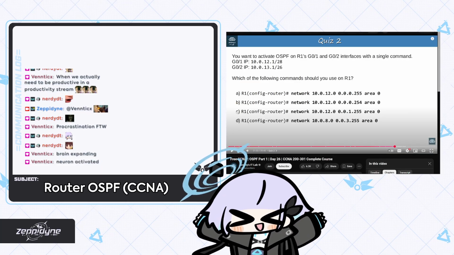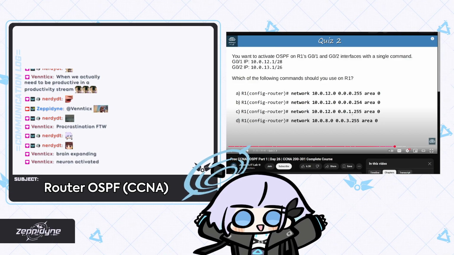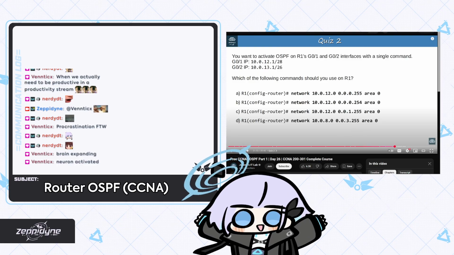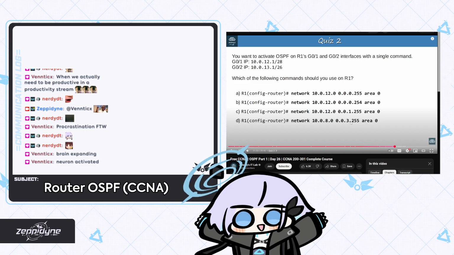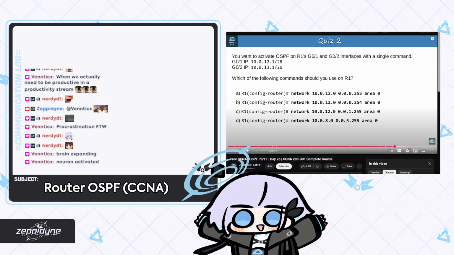Well, one thing's for sure, C and D are not it, because that wildcard mask doesn't make sense. Why is it .1 and .3? This one is /22. This is /22.